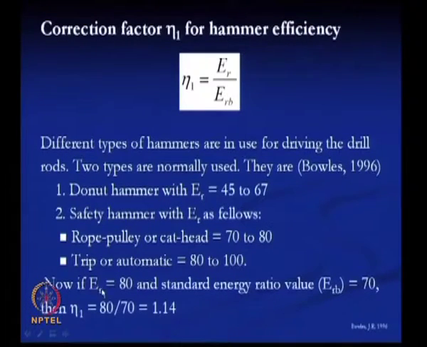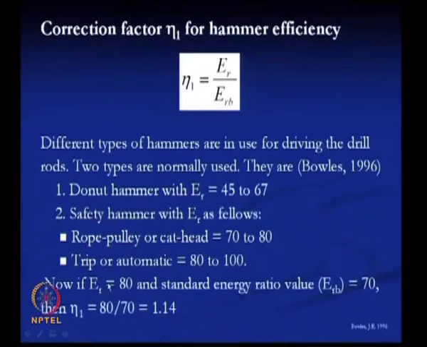Suppose the energy ratio at any condition is 80 and the standard energy ratio value is 70, then the correction due to hammer efficiency will be 80 divided by 70, that is 1.15.